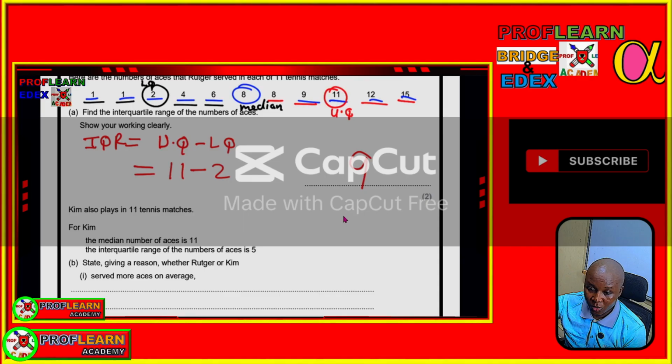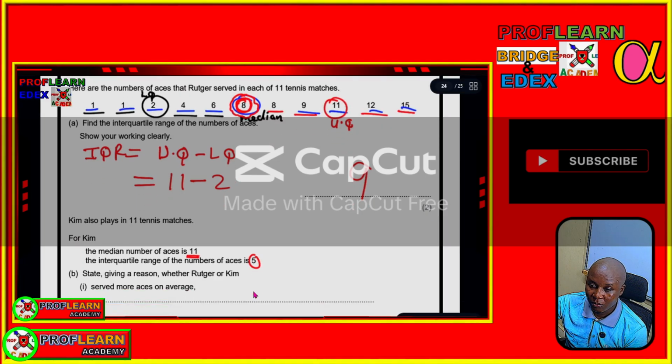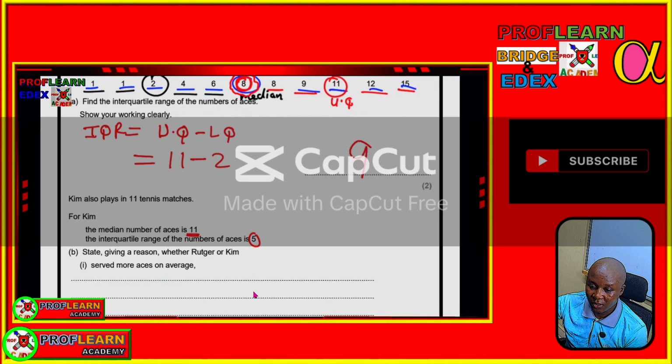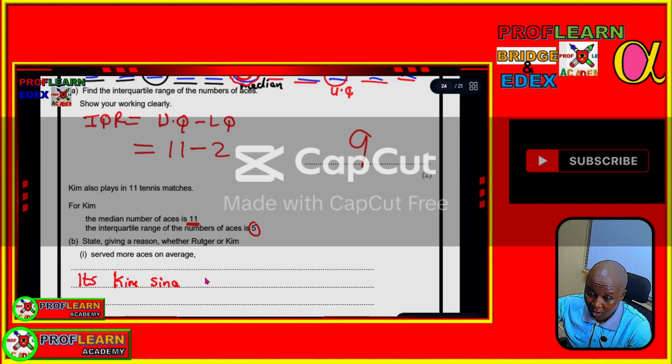So we are supposed to state, giving reasons, whether Ralja or Kim served more aces on average. So we are going to say, because the median here is 8 and here is 11, just write it, it's Kim, since she has a higher median.